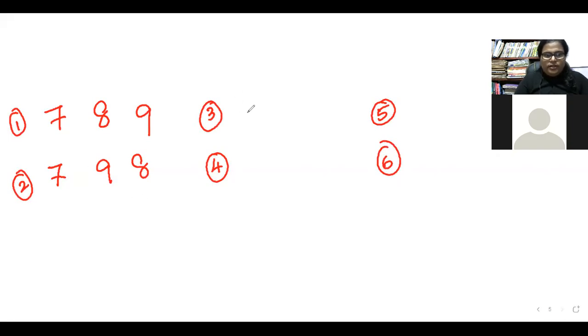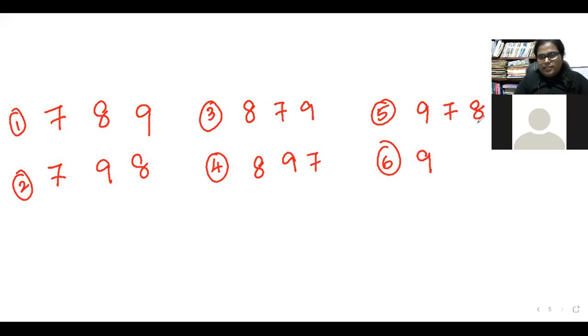Okay, then we will select some numbers starting from 8. Right? Starting with 8 we can write two numbers, 879, and by changing this 7 and 9 we can write 897 also, right? And by starting from 9 we can write 2 numbers, 978 as well.